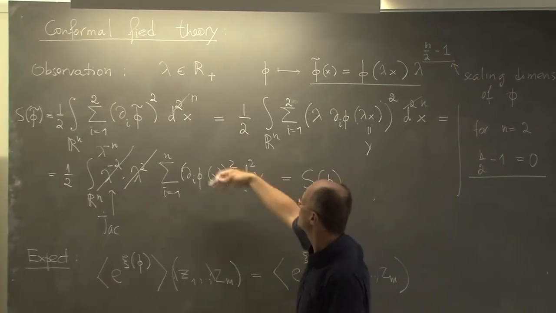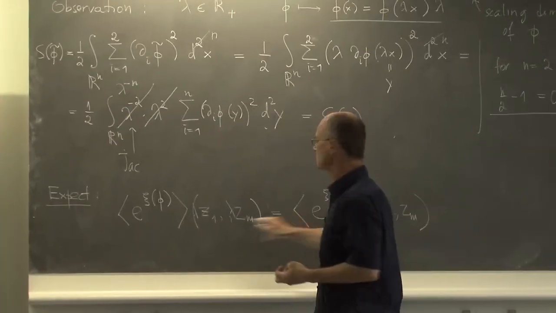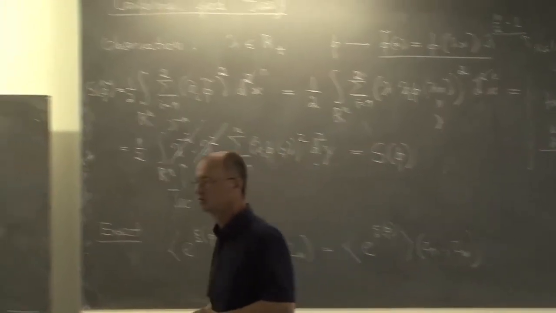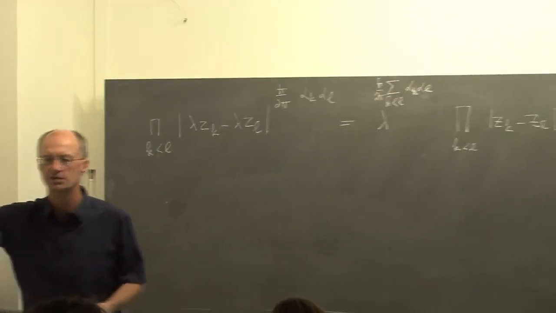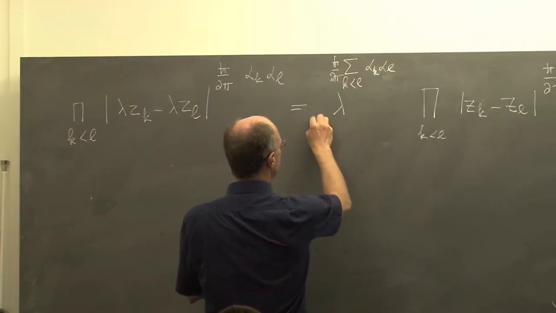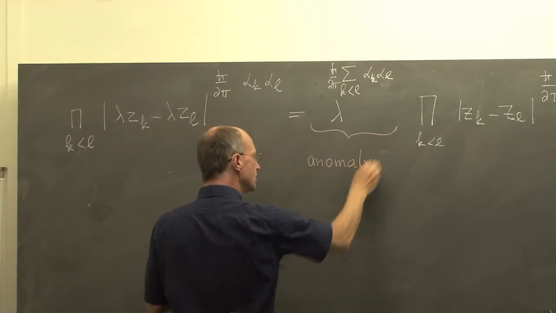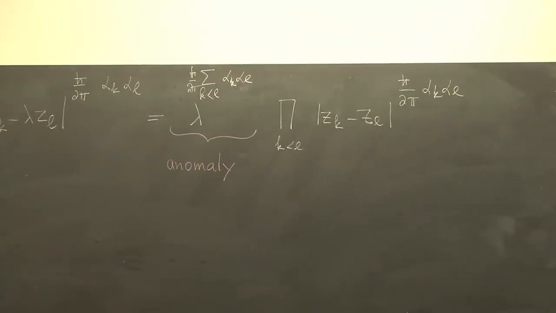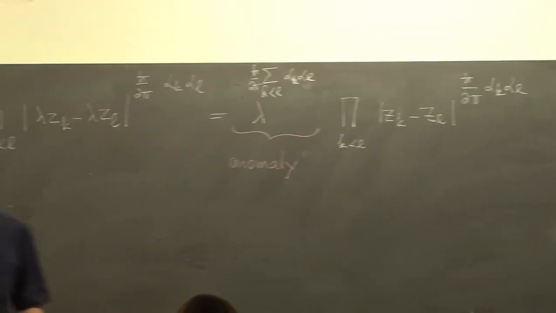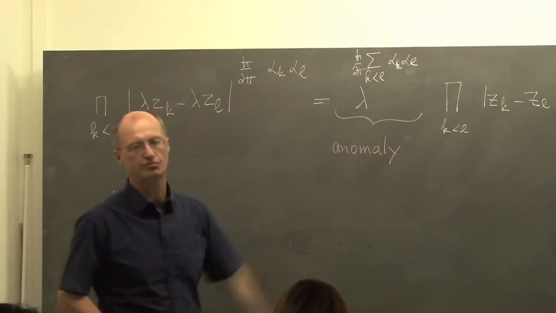So we had a symmetry of our classical theory, but this is not a symmetry of the corresponding quantum theory. As usual, there is a name for that. This is called an anomaly. Quantum theory has different features from the classical theory. In particular, this is the conformal anomaly.